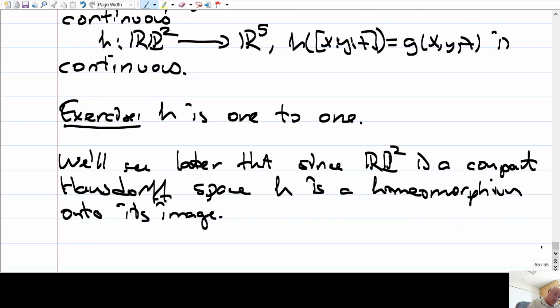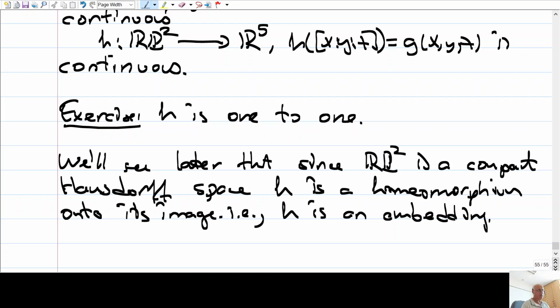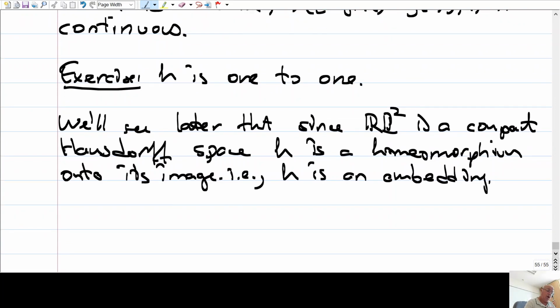In other words, H is an embedding, a topological embedding. But we need to cover this compactness stuff. So I'll come back to this example later.